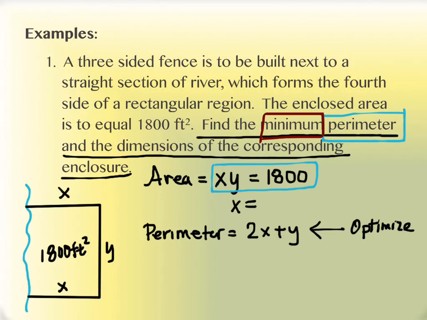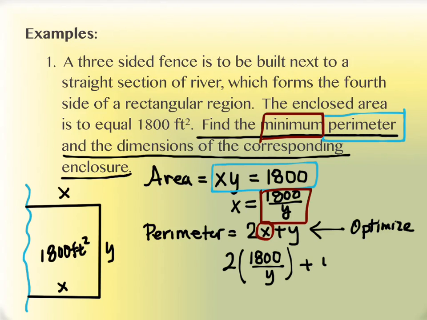So what will x equal? 1800 divided by y. Our whole point in doing that is so that we can plug it in for x. So this now becomes 2 times 1800 over y plus y.